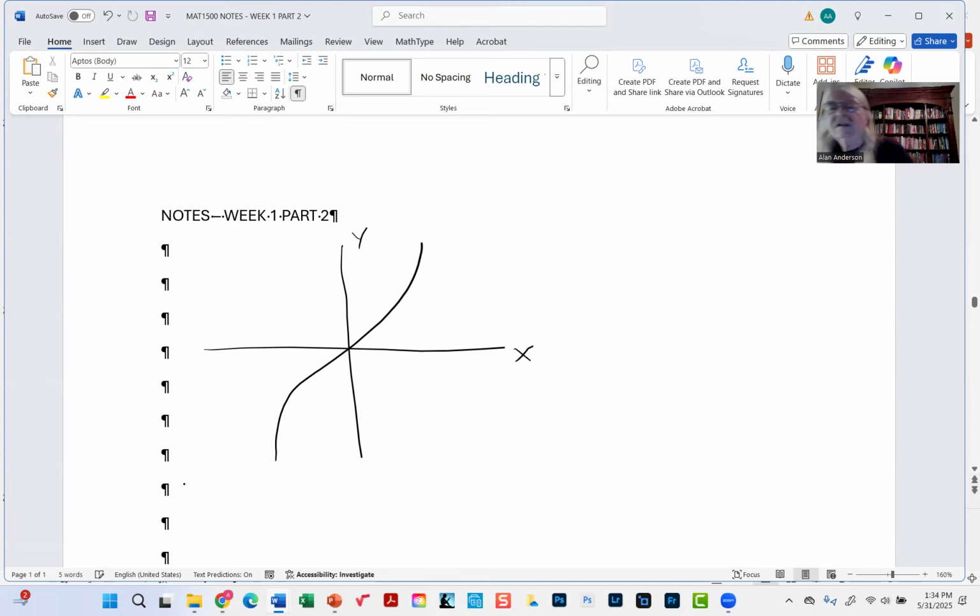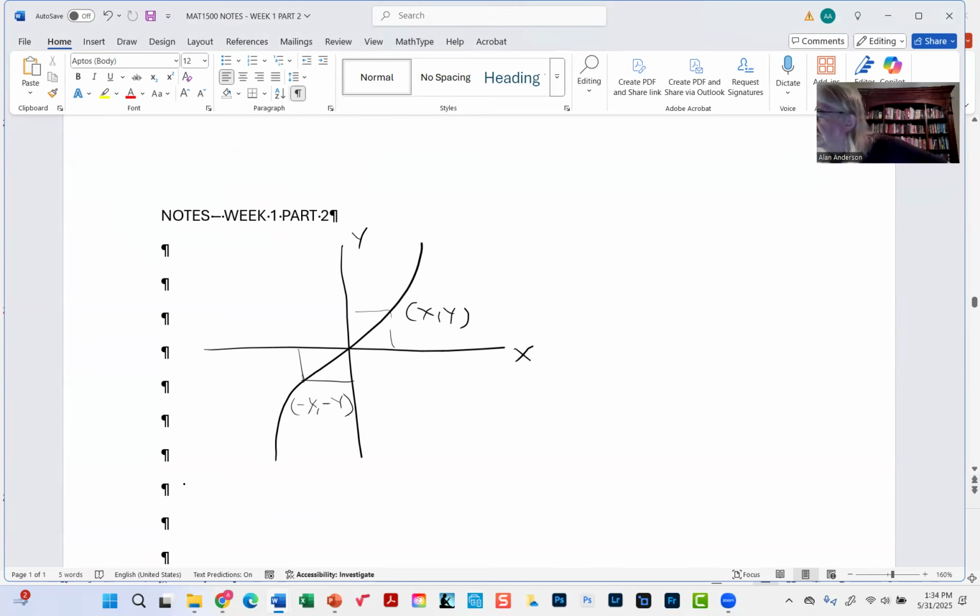And then, of course, we already know that this is symmetrical with respect to the origin. So that means that, again, if x, y is here, then we know that minus x, minus y is here. So in other words, they're both the negative of the first point.